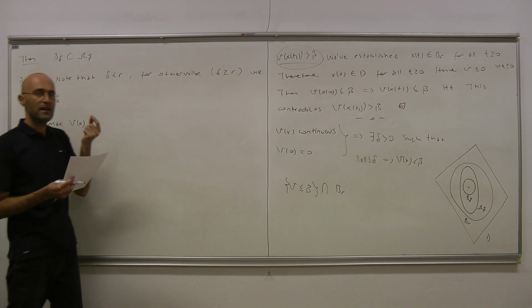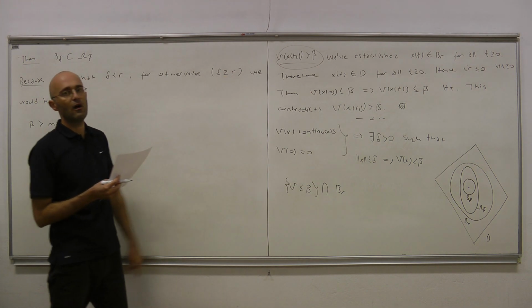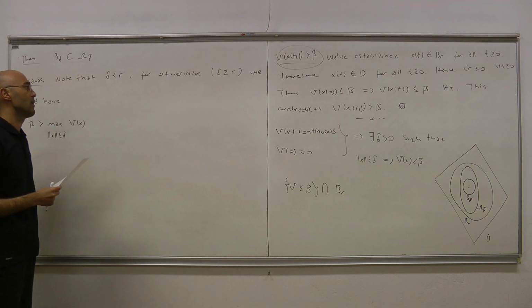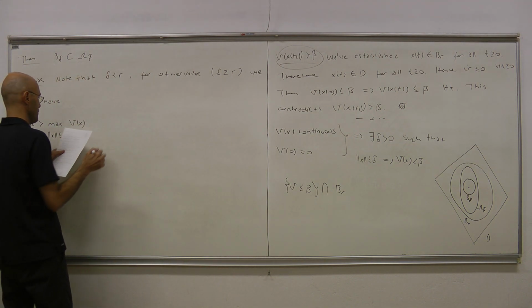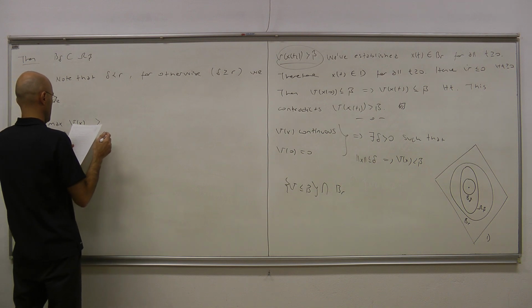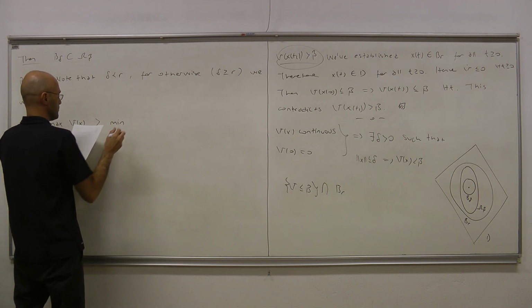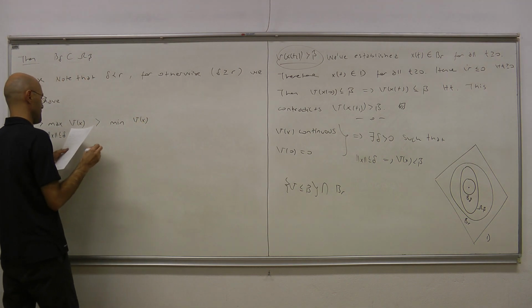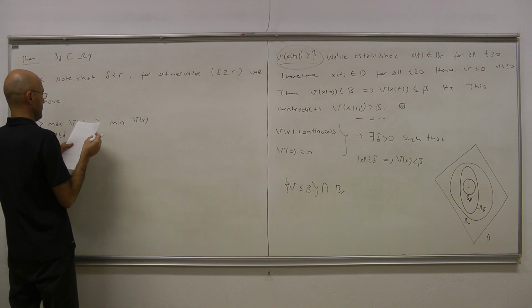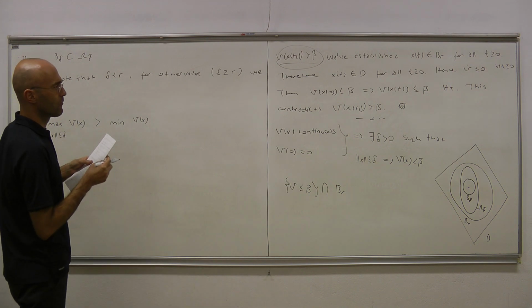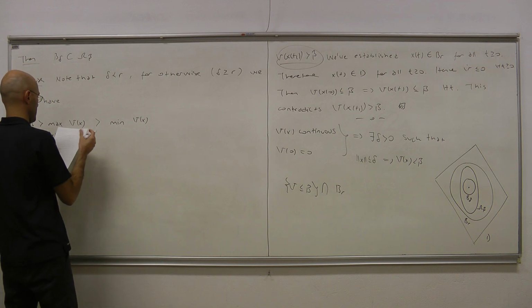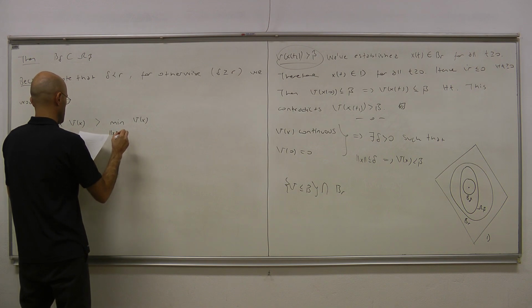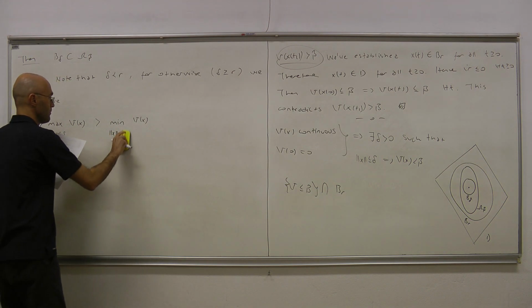Now we're considering the consequence of delta being larger than or equal to r. If delta were larger than or equal to r, then we could have the following: min of V of x over norm of x equals r.